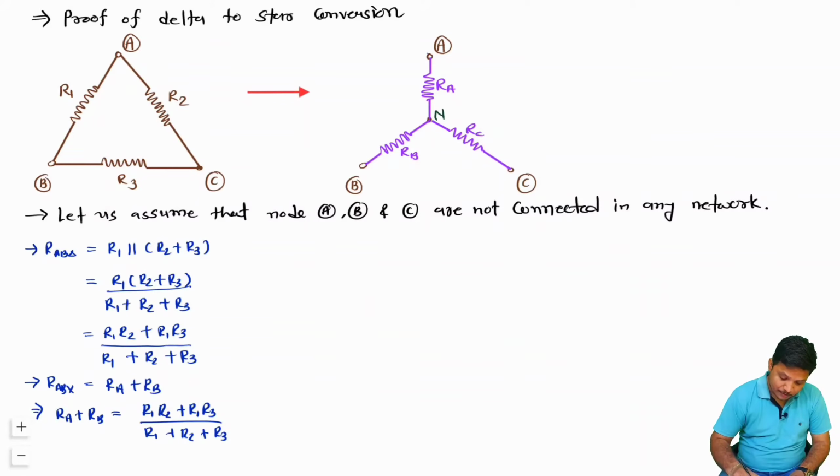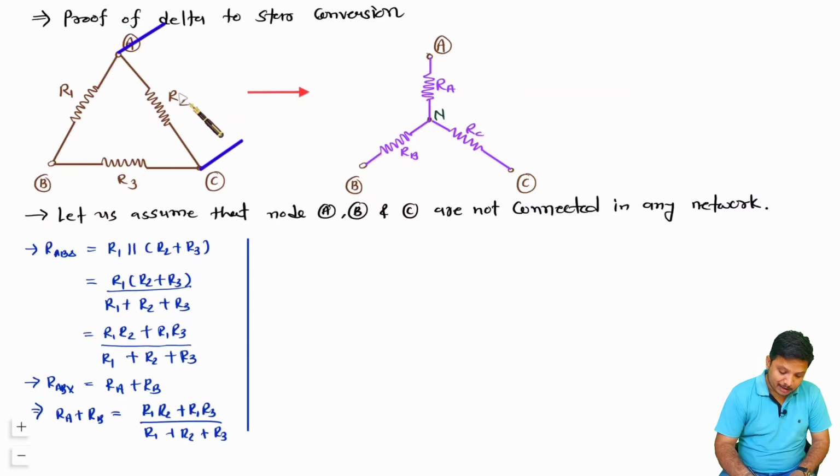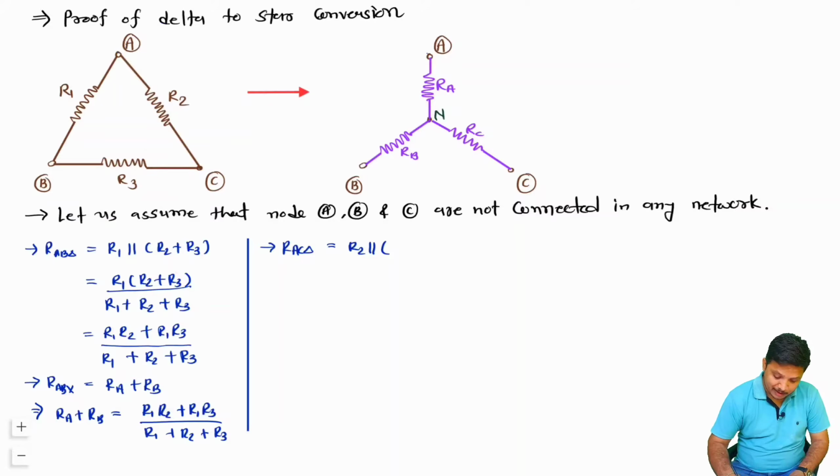Now I'll do the same calculation by considering terminal A and terminal C. In between terminal A and terminal C, the equivalent resistance in the delta network will be the parallel combination of R2 with the series combination of R1 and R3. So the equivalent resistance RAC in delta is R2 parallel with the series of R1 and R3, so R1 plus R3.